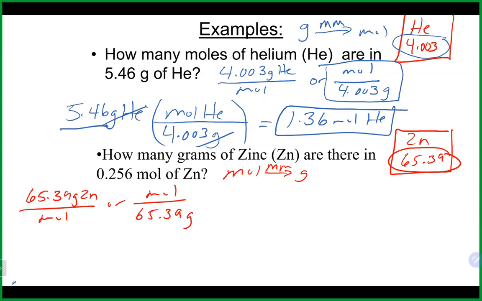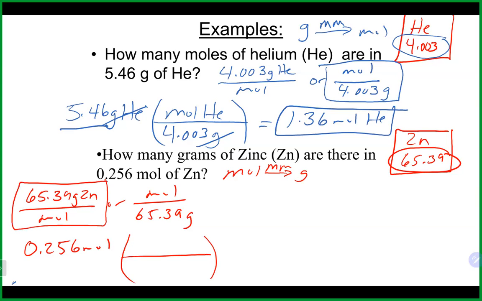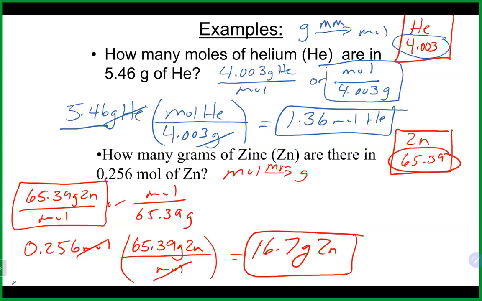We're starting with moles, and opposites cancel, so we need moles on the bottom, which means we multiply by the molar mass. The moles cancel, and we take 0.25 times 65.39, which gives us 16.7 grams of zinc. That's a more usable unit: if you need to measure out 0.25 moles of zinc, you would know to measure out 16.7 grams of it.